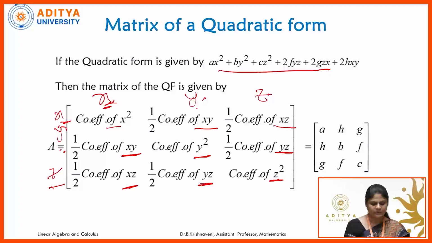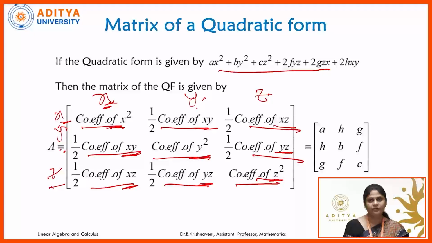So we get x square, y square, z square only once, and we take their coefficients directly as the diagonal elements. For the mixed terms xy, xz, yz we get them two times, so we divide each coefficient by 2.